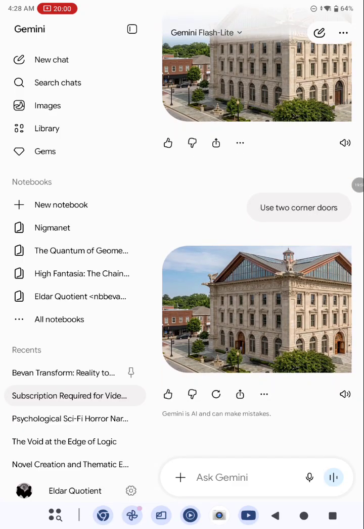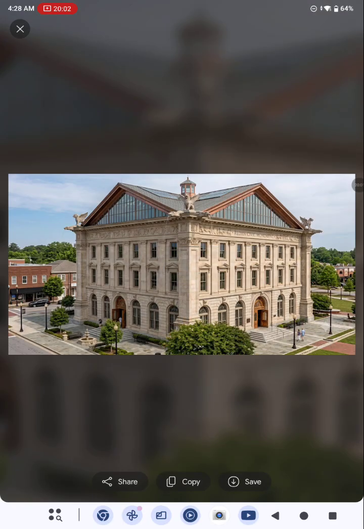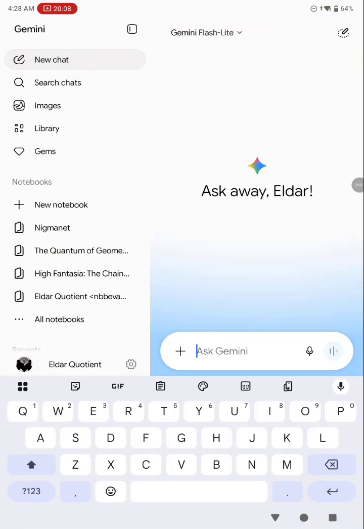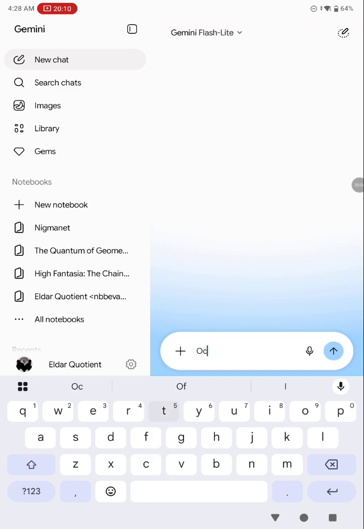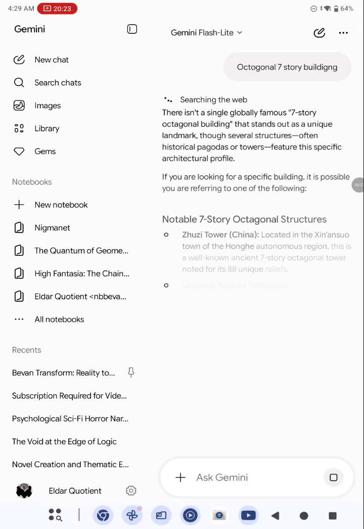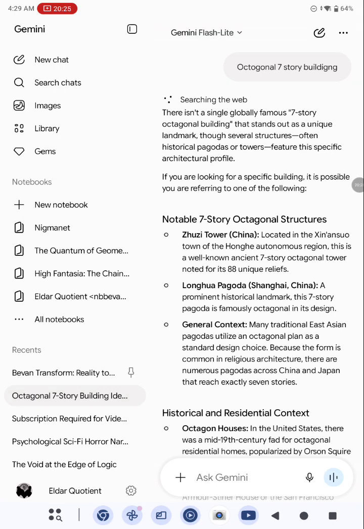I don't think it got understood. Okay, let me go back. Take an octagonal, just think it's a 7-story building. No, look at this.